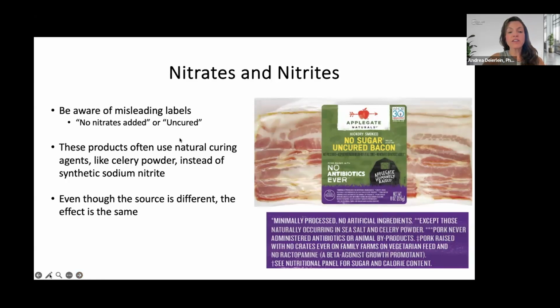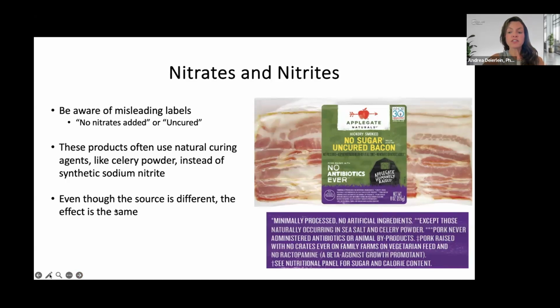One of the things that has come up is that you'll see misleading labels where they'll be marked as uncured or no nitrates added. But then when you look, it will have something on the label saying there were natural curing agents like celery powder, instead of sodium nitrate.